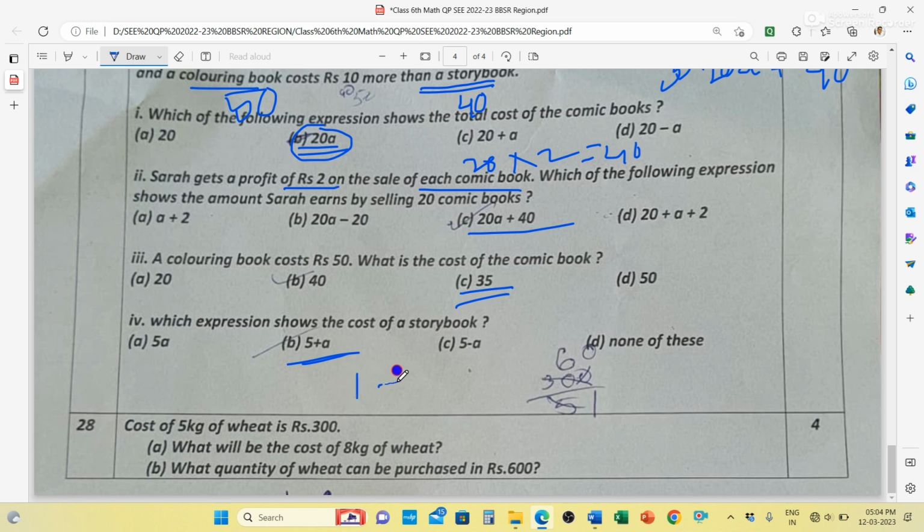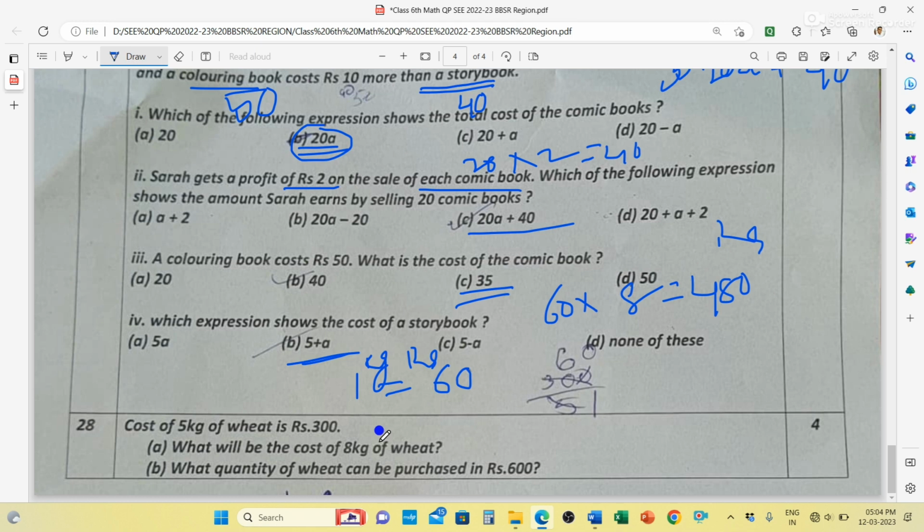So 1 kg wheat, 300 by 5 equal to 60 rupees. Then 8 kg wheat, 60 into 8, that will be 480 rupees.